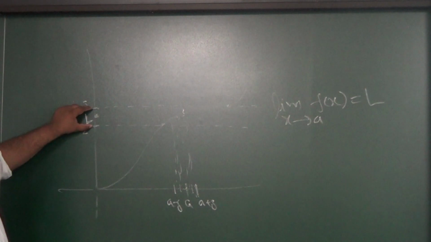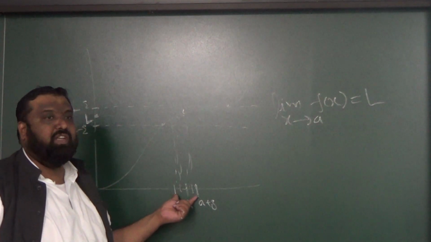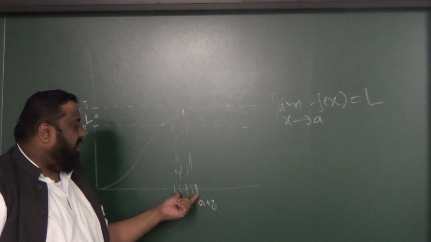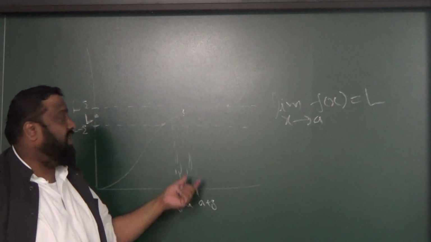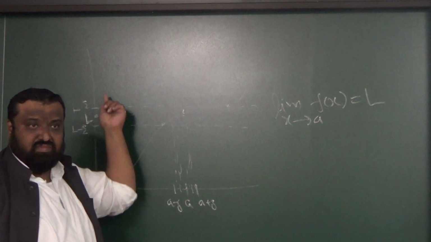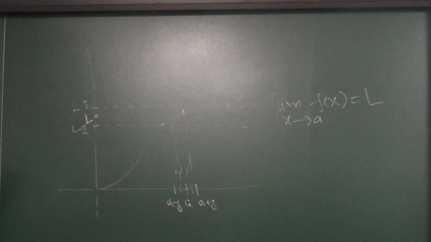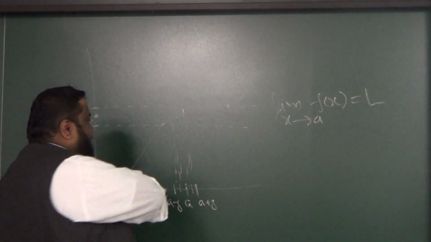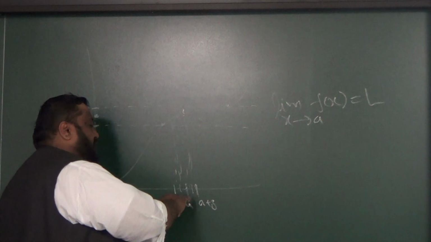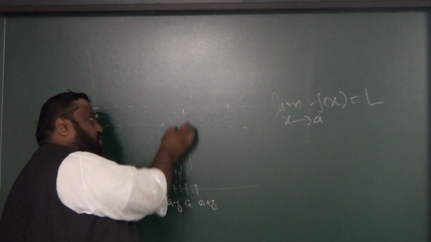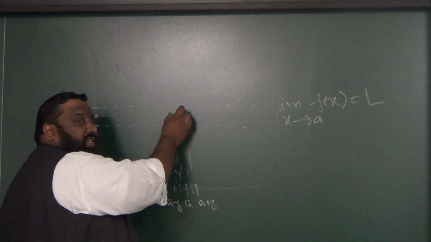So for a set of outputs, you can always find a set of inputs in such a way that the outputs of this small interval stay in your required interval. This seems a bit abstract, but what it simply says is that this is a kind of function which takes the near points and throws them onto near points on the curve.